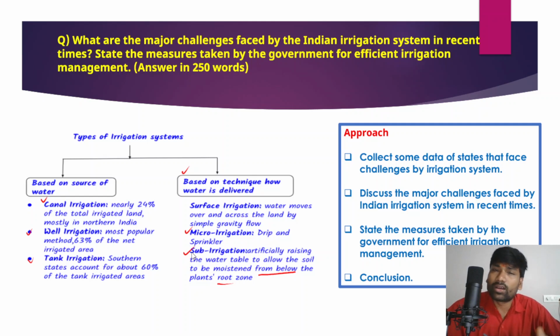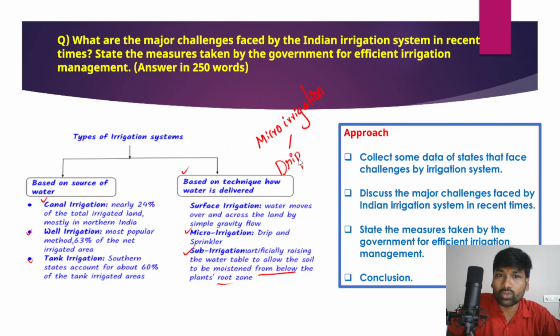Now the most efficient form of irrigation is micro irrigation. With micro irrigation, there will be an efficient application and even efficient usage of the water resources. When we talk about micro irrigation, we need to discuss both drip irrigation as well as sprinkler irrigation.